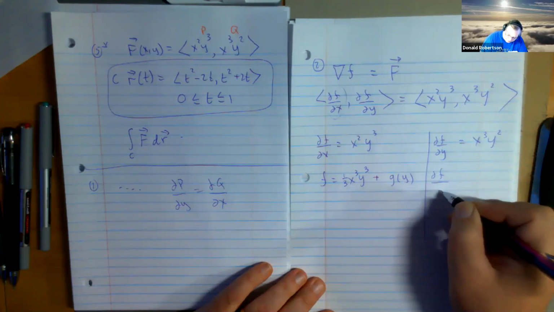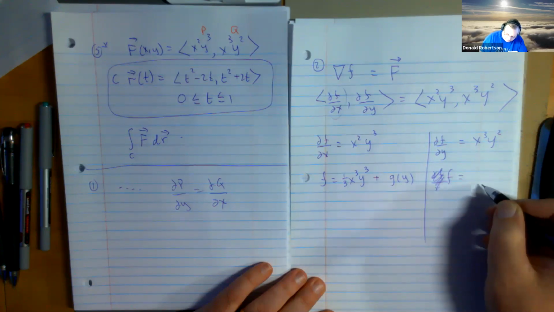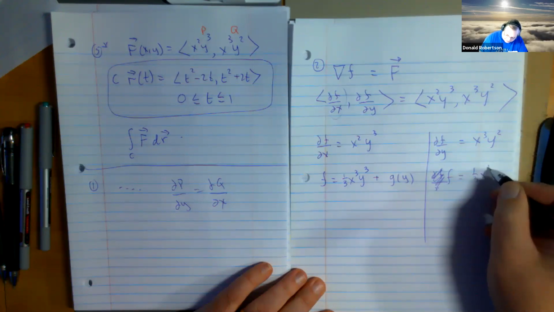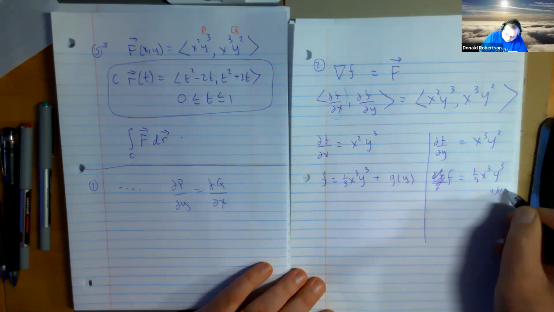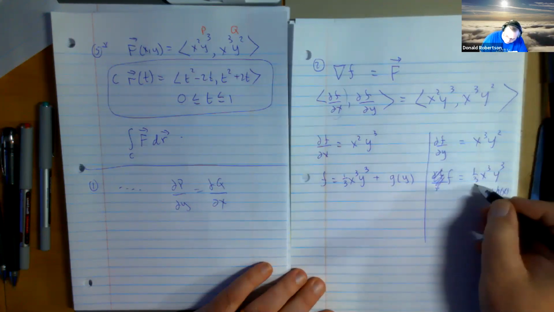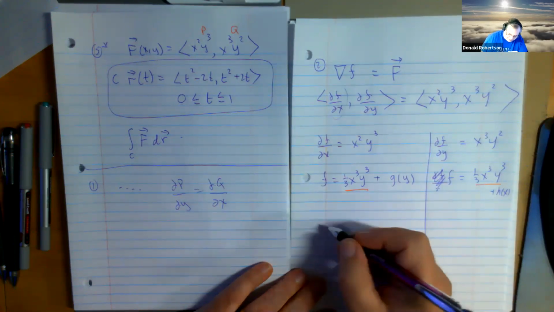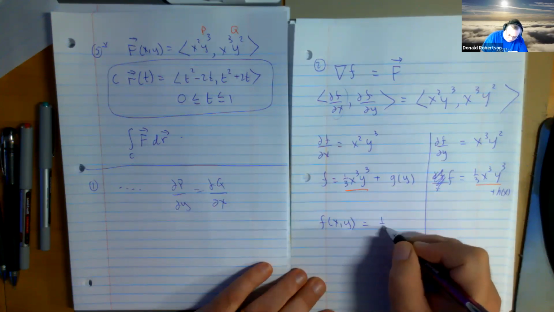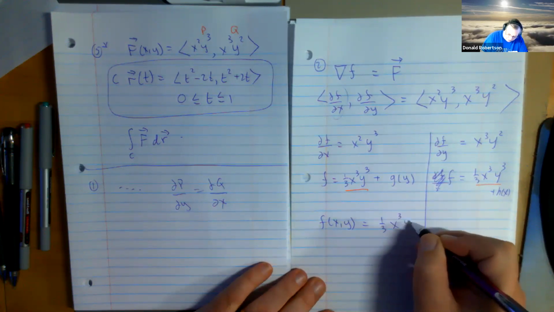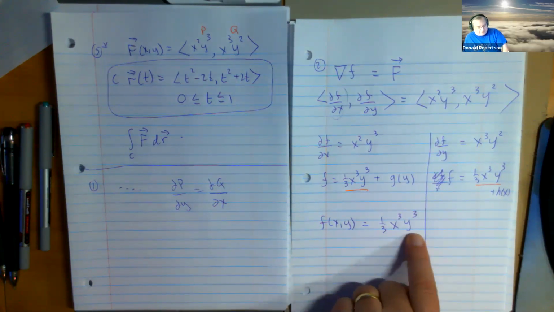And if you integrate this guy, you get 1/3 x cubed y cubed plus some unknown function of x. And we got lucky again. Wasn't the answer just one term? So we now know the potential function. It's this fellow.